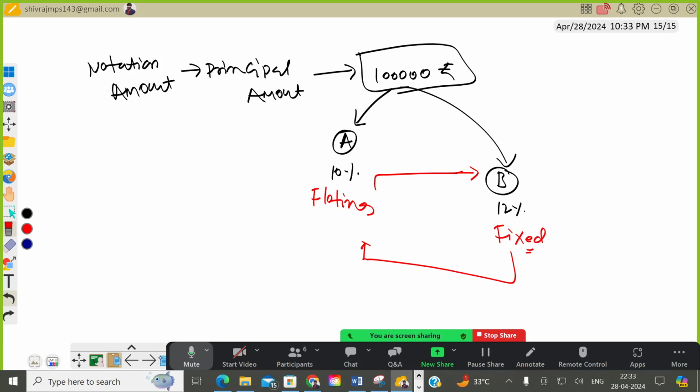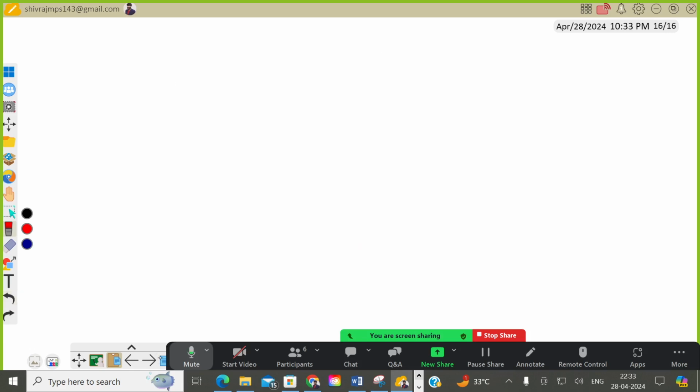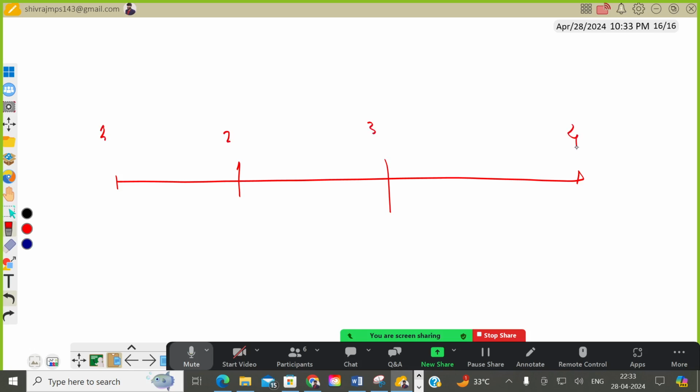So here, they can execute the contract. Let's say this contract is signed for 1 year, 3 years. Here are the counterparts. So what can they do?